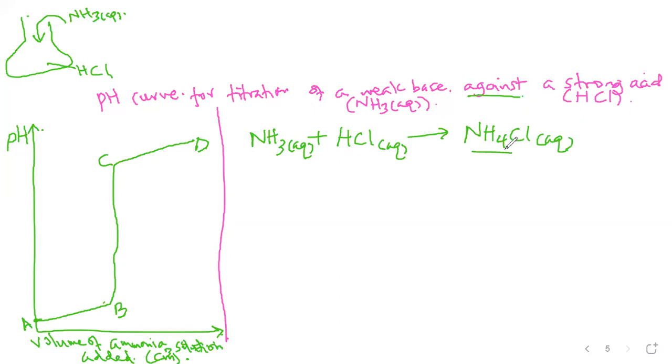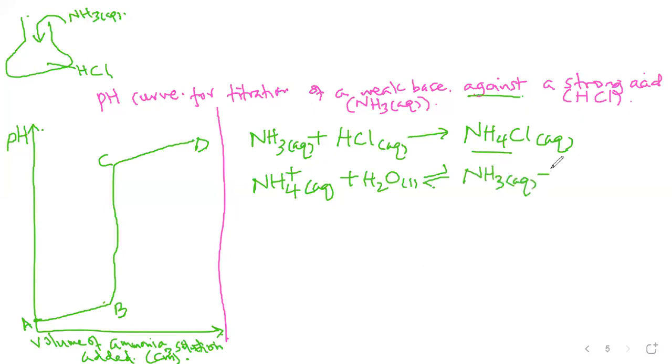This is a weak base and a stronger acid, so expect it to undergo cationic hydrolysis. Remember hydrolysis forms an acidic solution. This is the concept you must understand as you're sketching the graph.